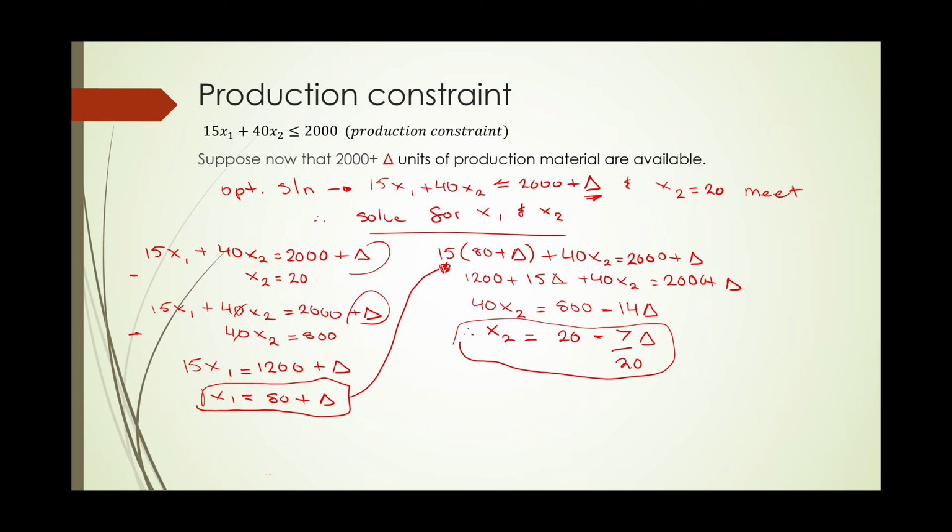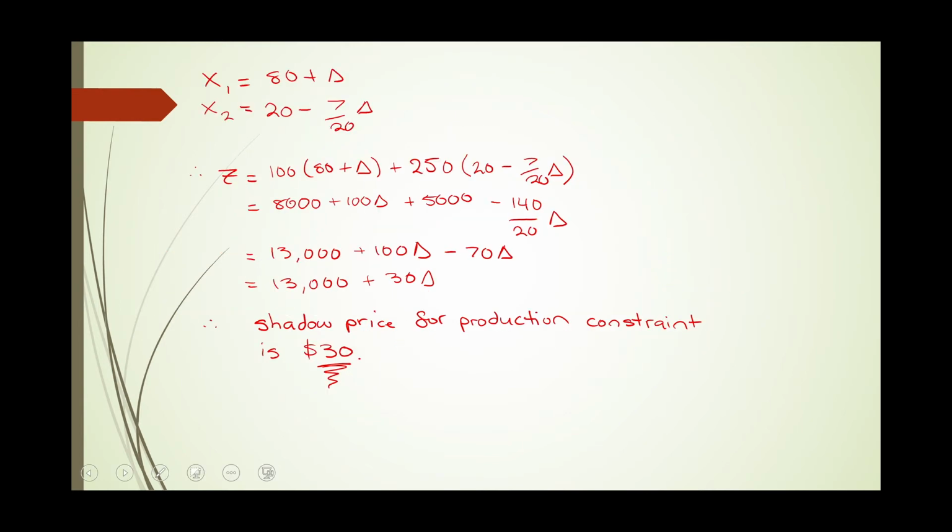So using both these values, we can substitute that back into the objective function, and then we arrive at, on the left here, 13,000 plus 100 delta minus 70 delta, which cleans up to 13,000 plus 30 delta.